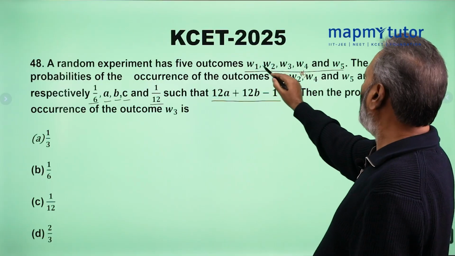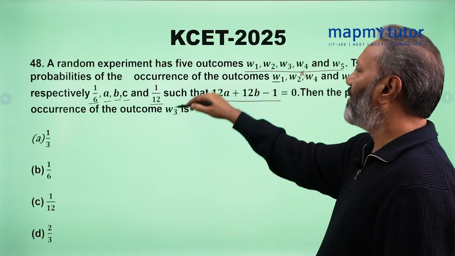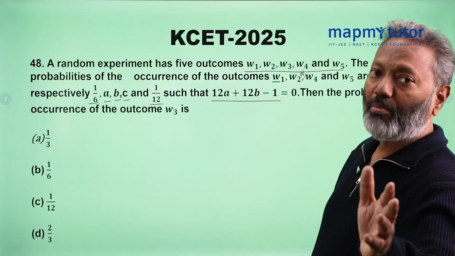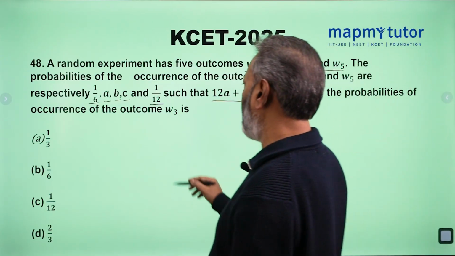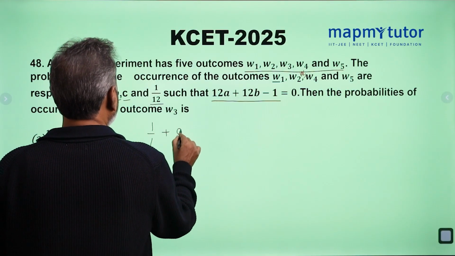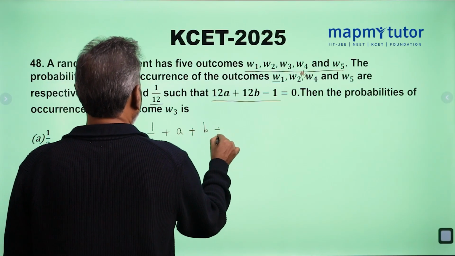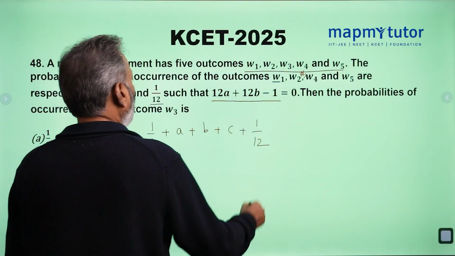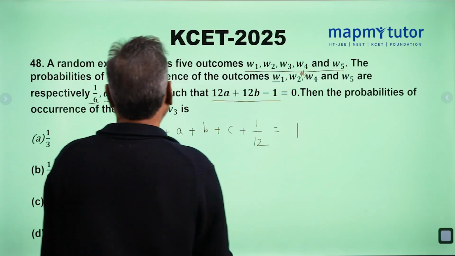Now, since only these 5 outcomes are there in that experiment, the sum of their probabilities must be 1. Let us use that condition first. What are those probabilities? 1 by 6 plus A plus B plus C plus 1 by 12 must be equal to 1.